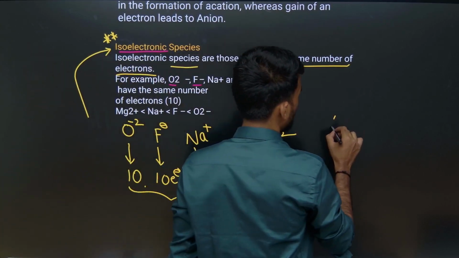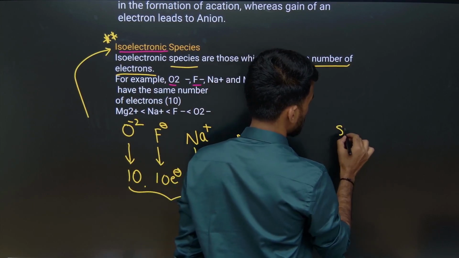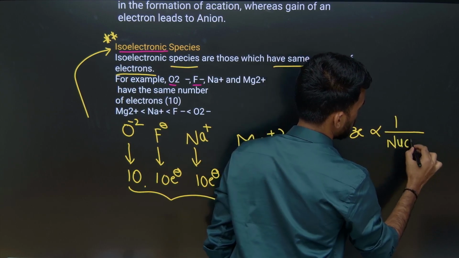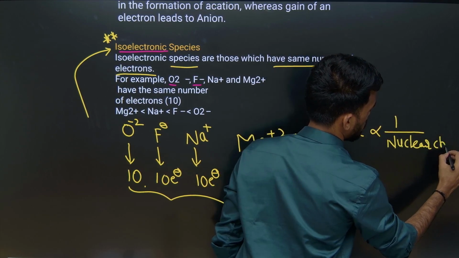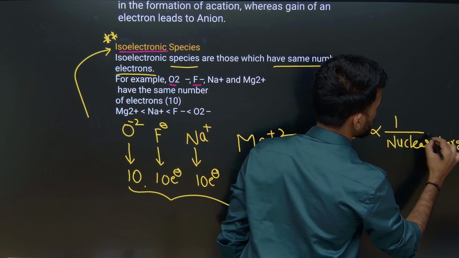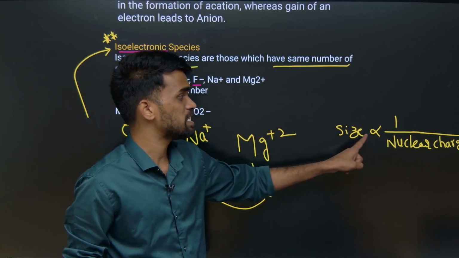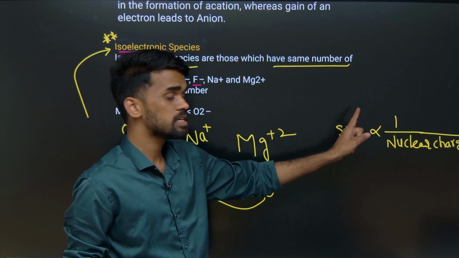So size is inversely proportional to nuclear charge. Nuclear charge is nothing but positive charge. Where there is more positive charge, size will be less.